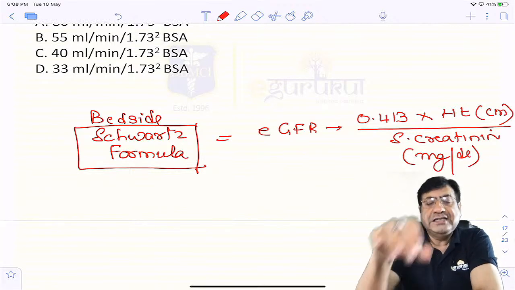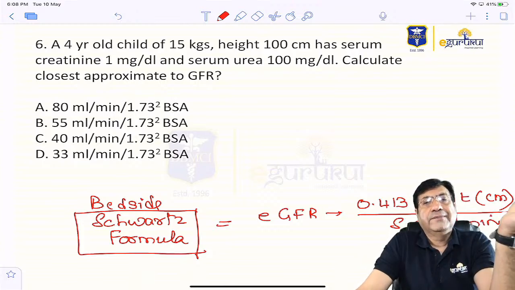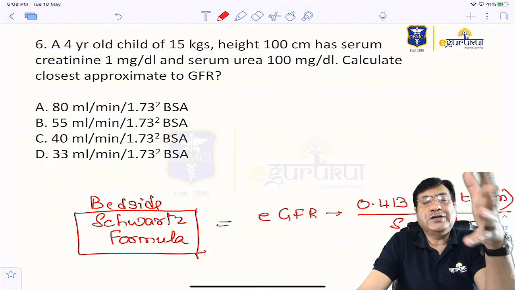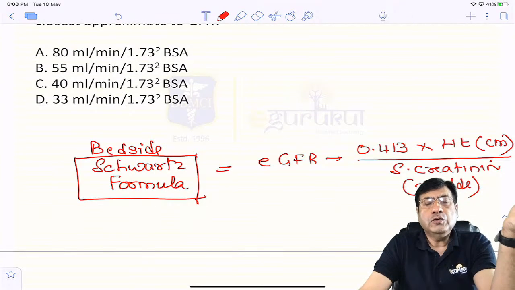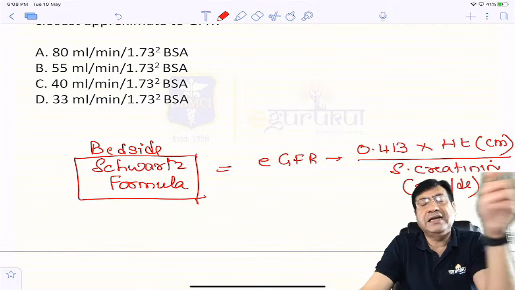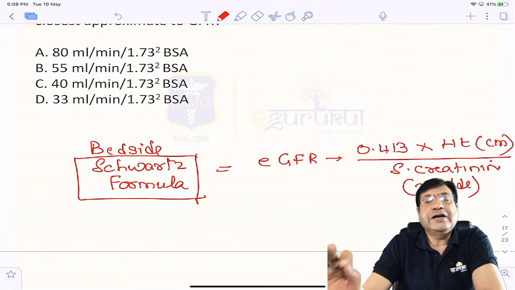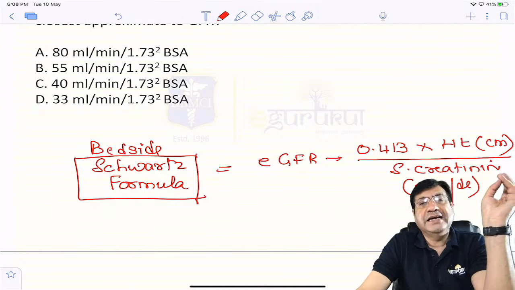So what you are actually seeing is that in this question, the weight of the child, the age of the child, the blood urea of the child, they actually carry no value. Either they are just to confuse you or they are just given as values to increase the length of the case. The only thing that you will be requiring for calculating the glomerular filtration rate will be the height of the child in centimeters and the serum creatinine in milligrams per deciliter.